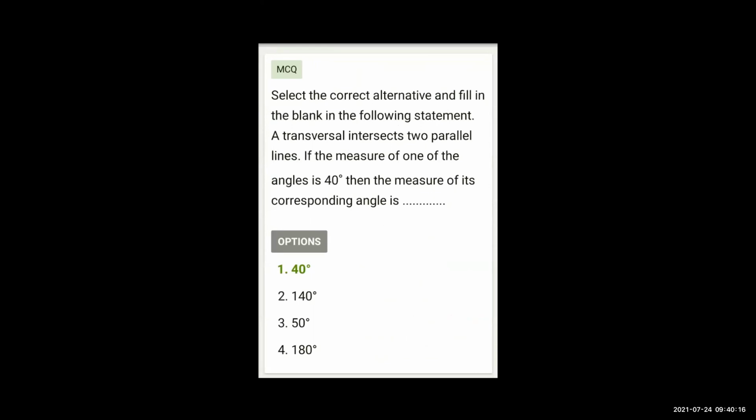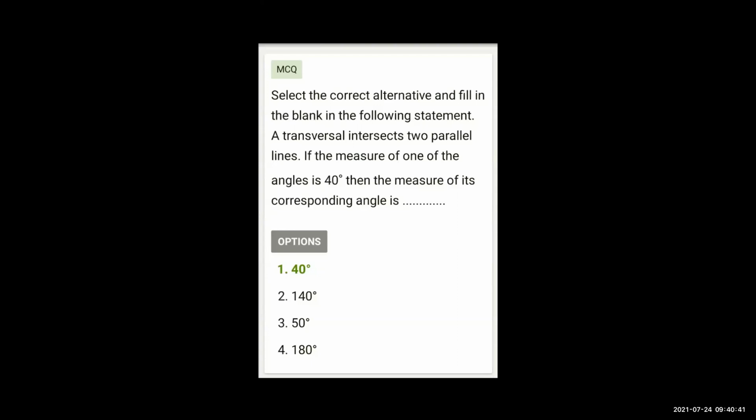Okay, now the property here, that is corresponding angle. Now again recall all the properties. If 2 parallel lines with their transversal, okay, then if one of the corresponding angle is given 40 degree, then what will be the next corresponding angle?